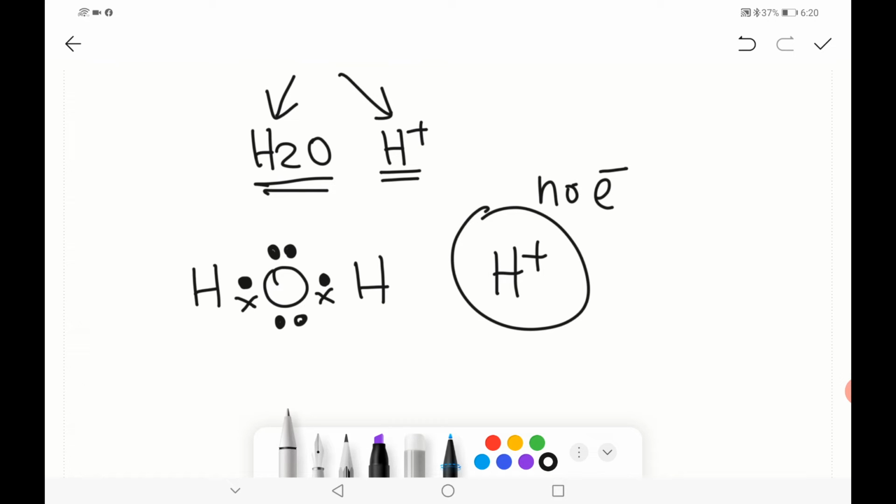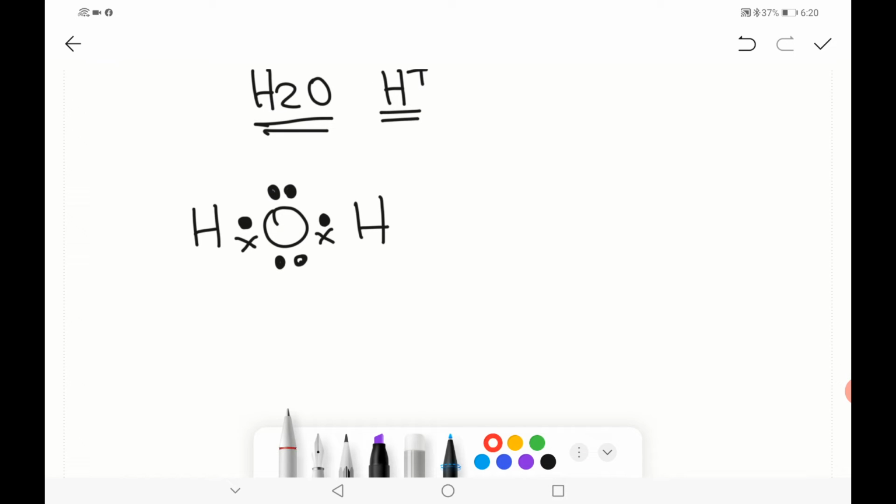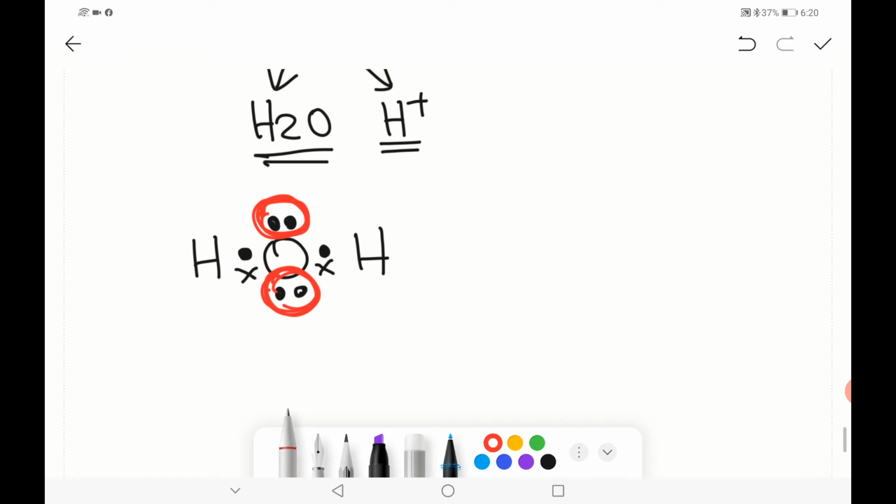Now for the water, oxygen has 2 pairs of electrons. But H plus doesn't have any electron at all.